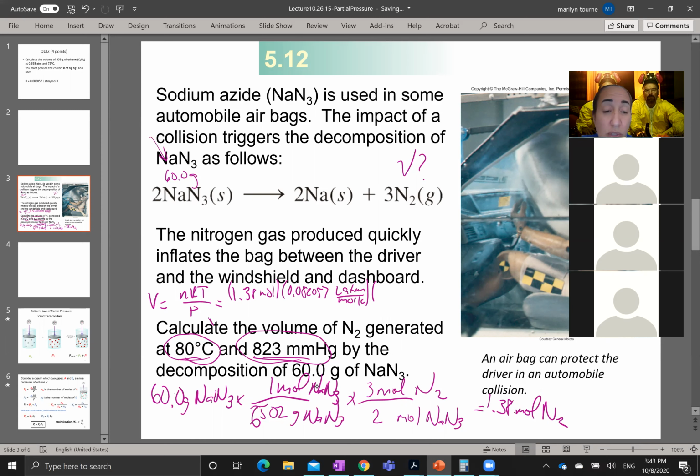What is 273 plus 80? 353 Kelvin, over, I don't know this. What's 823 divided by 760? 1.08. 1.08 ATM. There you go, Miss Glover.